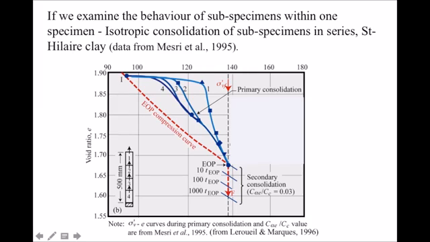The specimen 1 is going to relatively high stresses, while specimen 4 goes to much smaller stresses. And the subspecimen 2 and 3 are somewhere in between. In fact, this can be explained as follows.